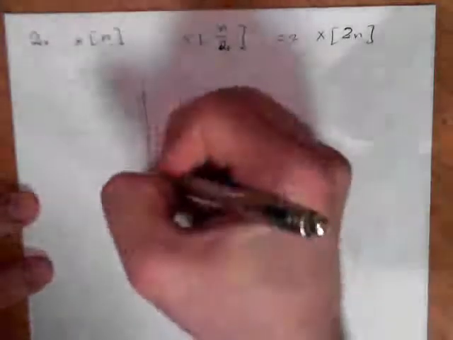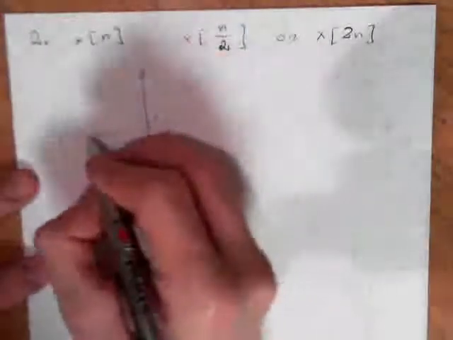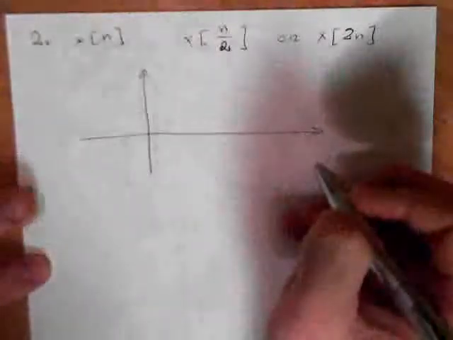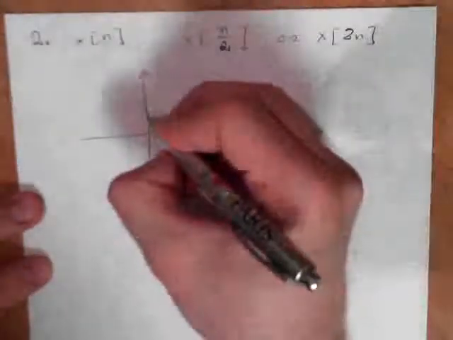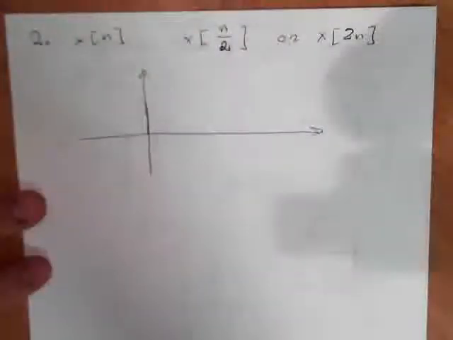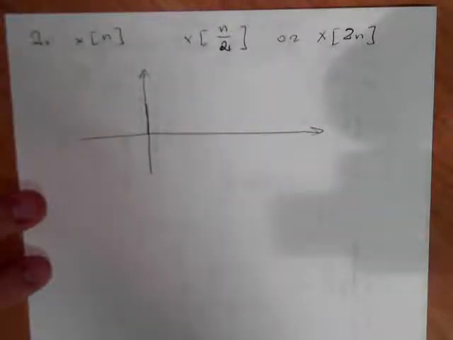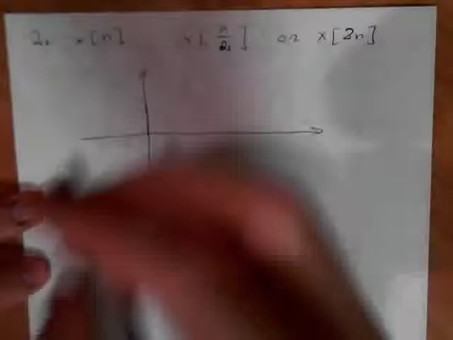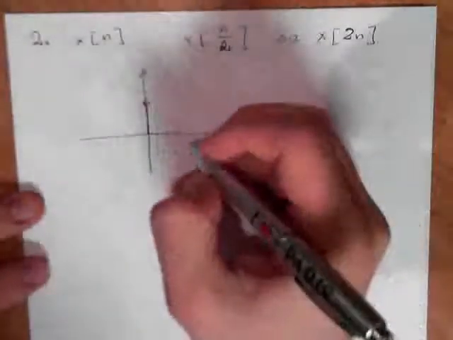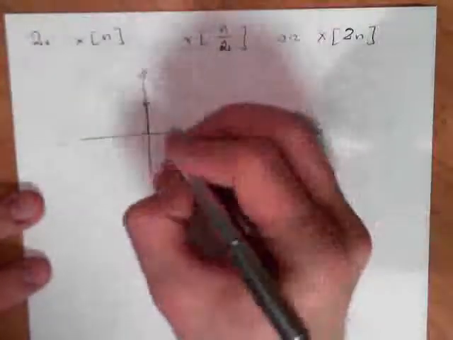But we can take a signal that can be more easily understood. So we may have a signal like this. It's a good example.